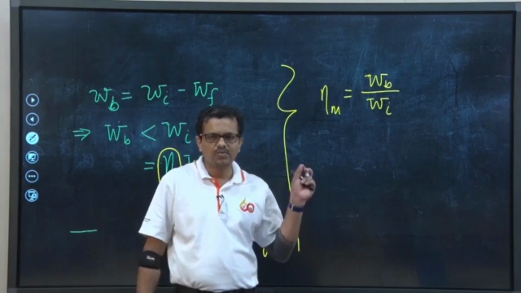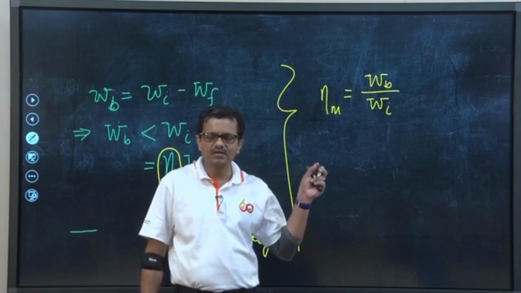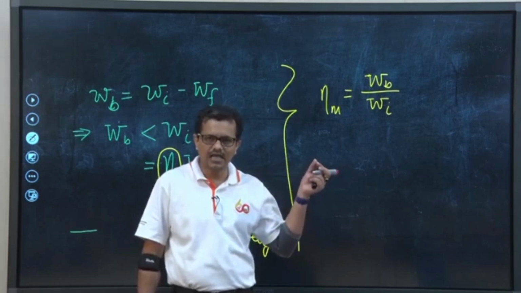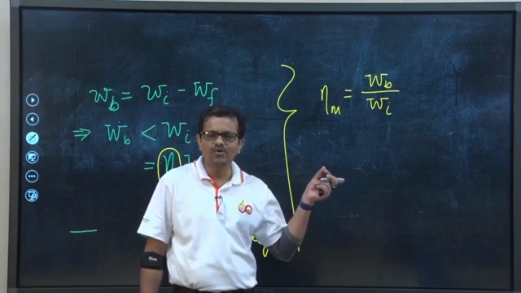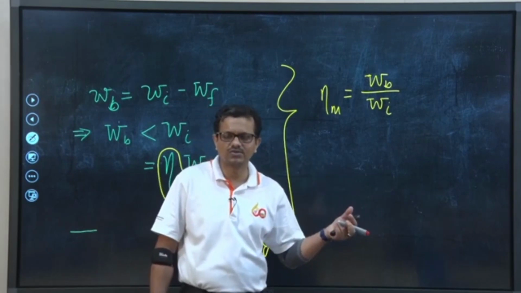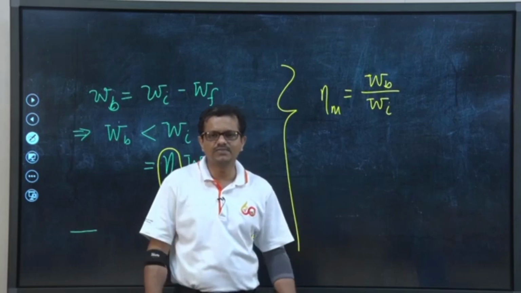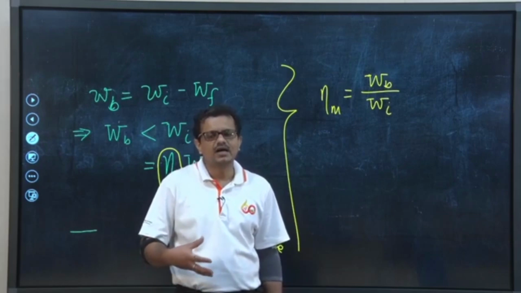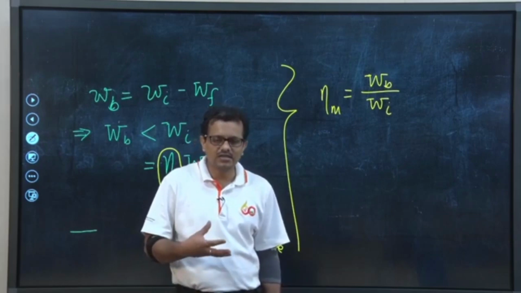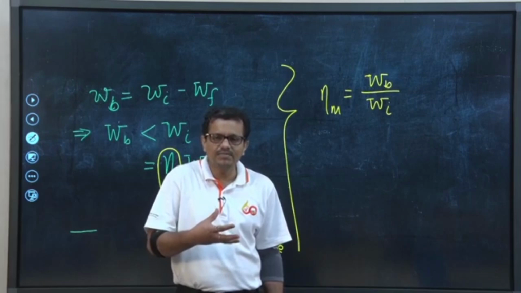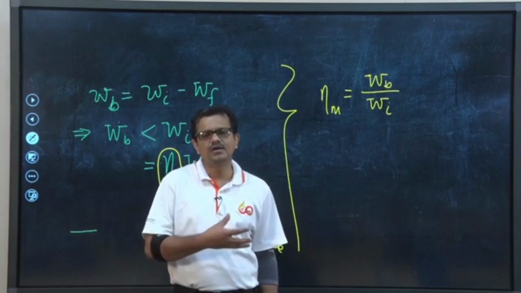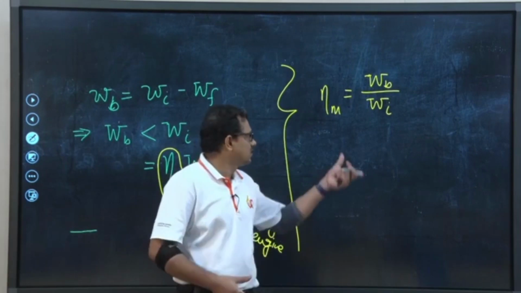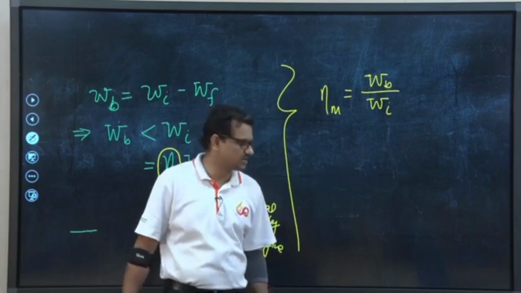Basically, positive power is the indicated power or indicated work available inside the combustion chamber, while the negative works, that is frictional work and the work to run the parasitic loads, can be viewed as negative work from the perspective of this engine operation.